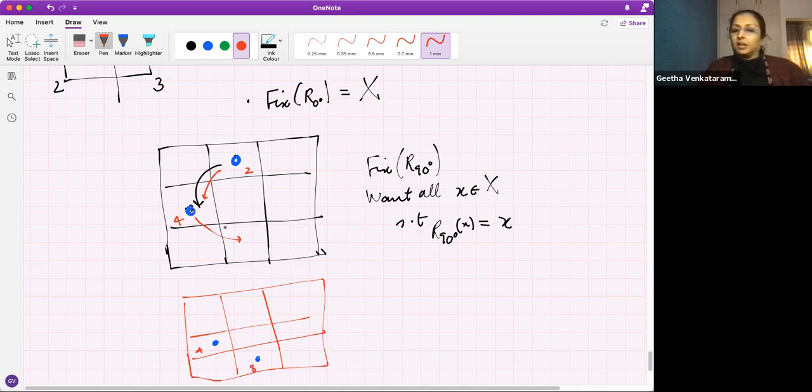So it's not being fixed. This argument is showing you that whichever plastic card you pick, it is not going to be fixed by R 90 degree.